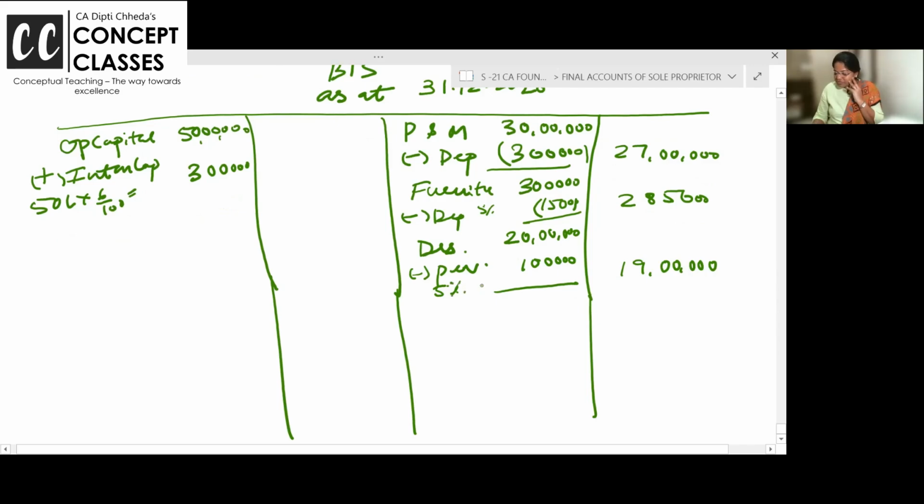Debtors minus the provision 5%, 19 lakhs. These are the 3 adjustments done.